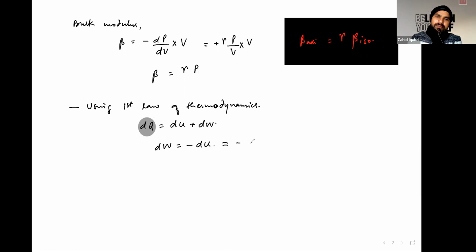So it will be minus internal energy, which is nR by gamma minus 1 times dT, or you may further simplify it as minus nf by 2 times dT, or in terms of PV, since PV equals nRT, it will be P final V final minus P initial V initial. So you'll get the same result.